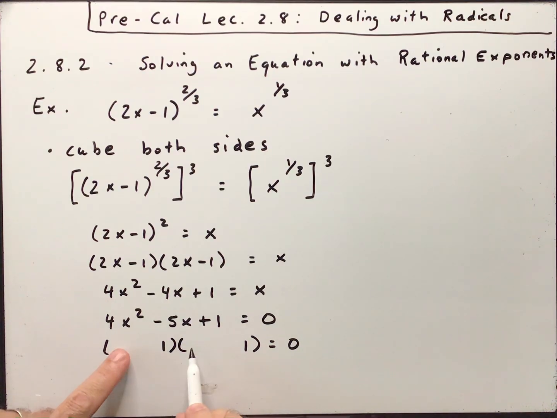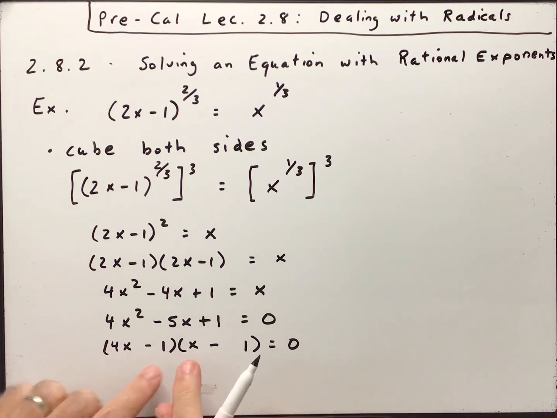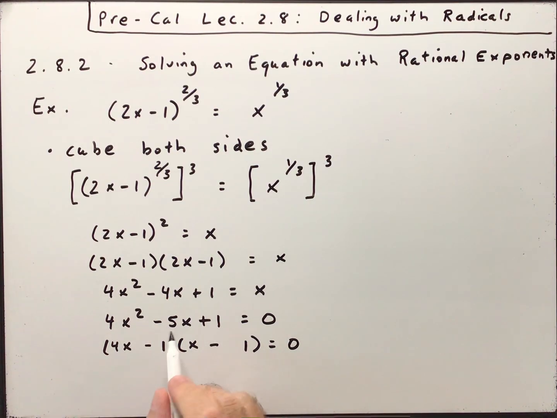So 4 and 1, I think, might give me the -5 I need. If we go minus, that's 4x squared minus x minus 4x would be -5x, and -1 times -1 is +1. So we have (4x - 1)(x - 1) = 0, so 4x - 1 = 0.